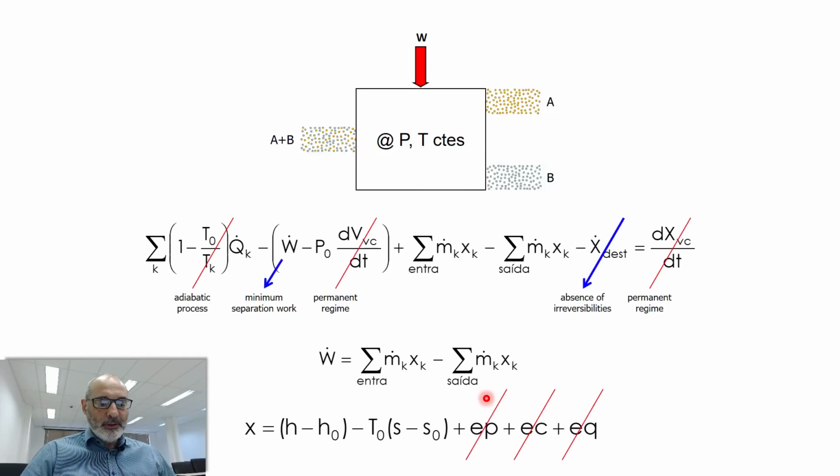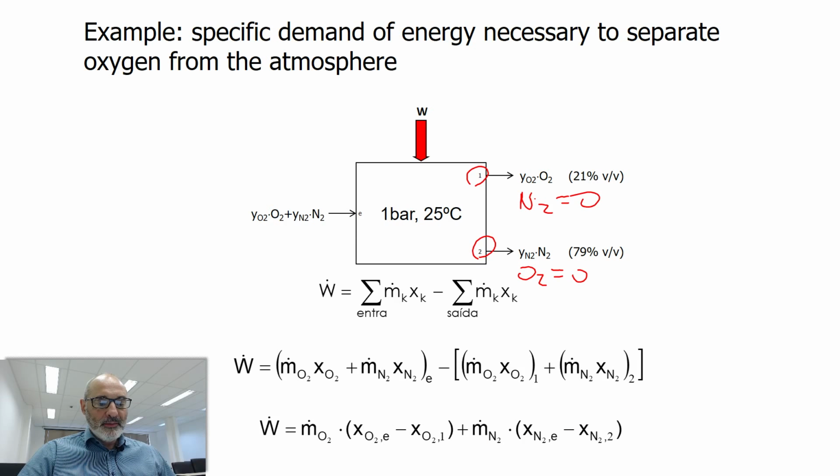So is the exergy of oxygen entering the system greater or smaller than the exergy of oxygen exiting the system? If the level of disorder after separation is lower, entropy is also lower and exergy is greater, okay? So this difference must be less than zero if it is actually a separation process.